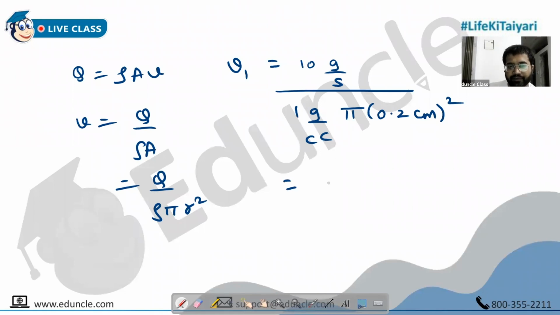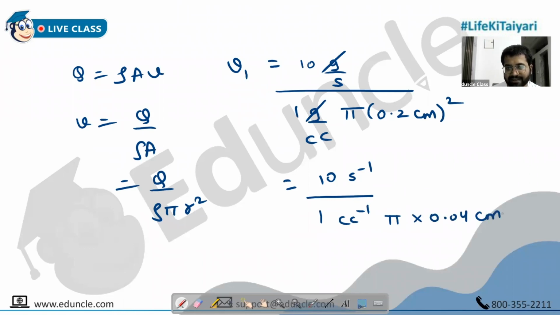So this is 10. Gram gets cancelled. I want to explain the meaning of units also here.